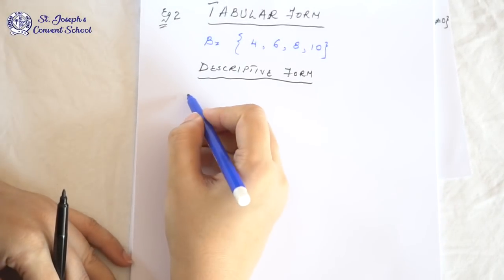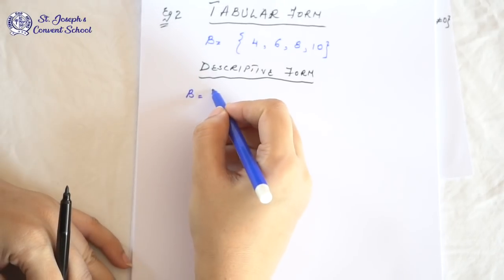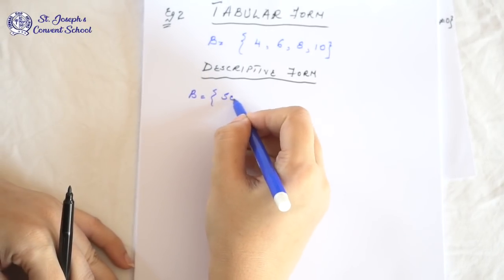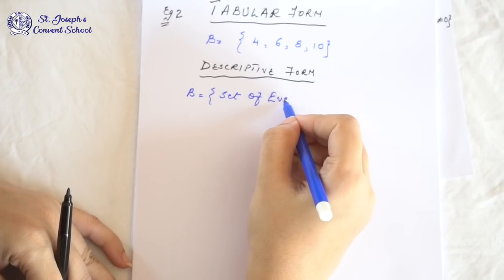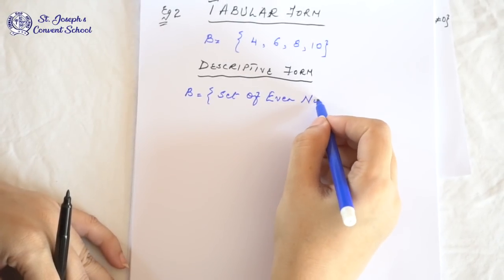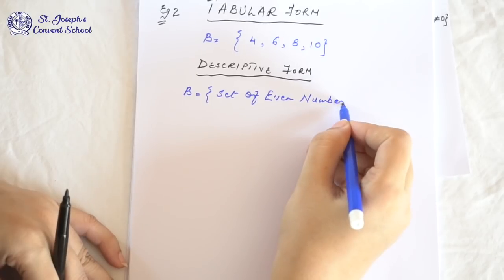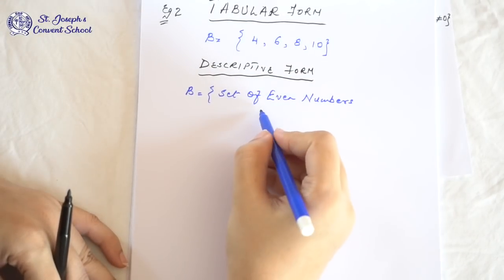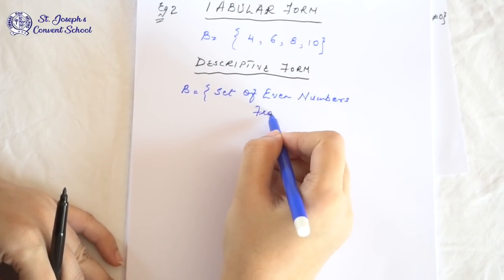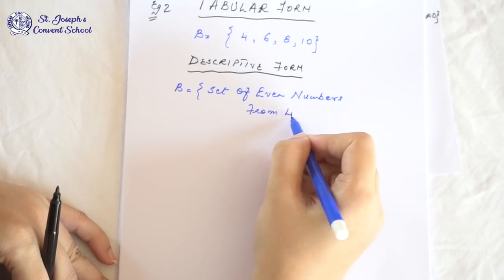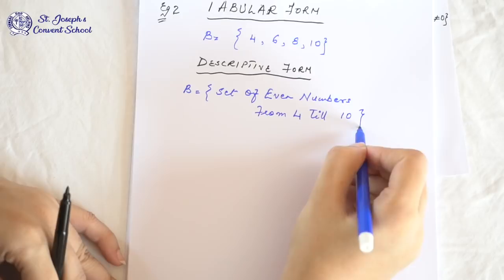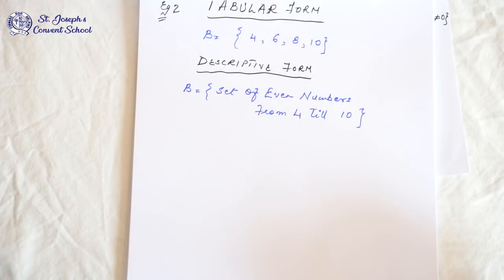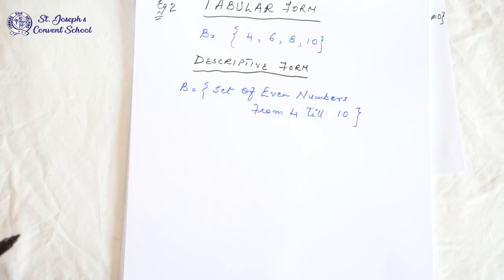So you can say that set B is actually the set of even numbers from 4 till 10. So this is the descriptive form.